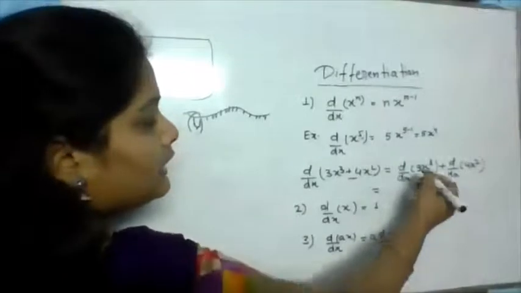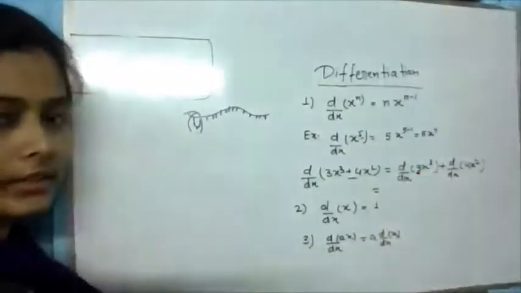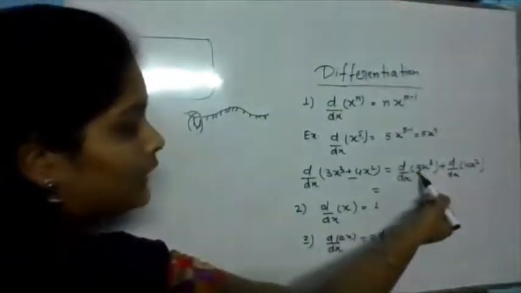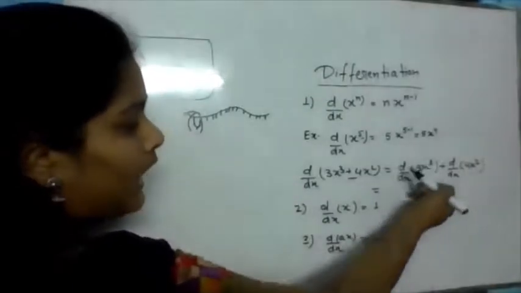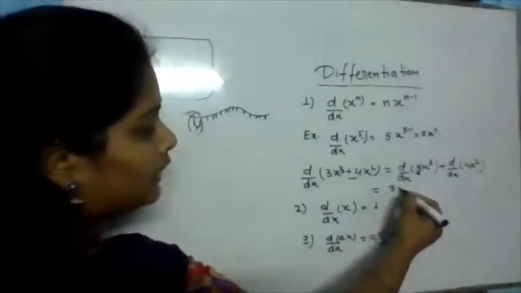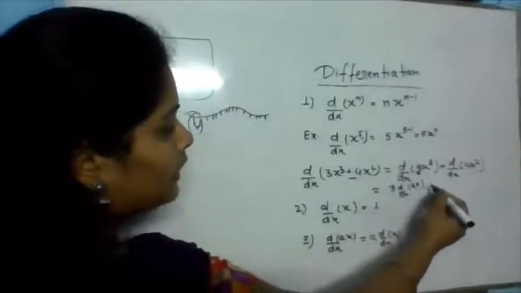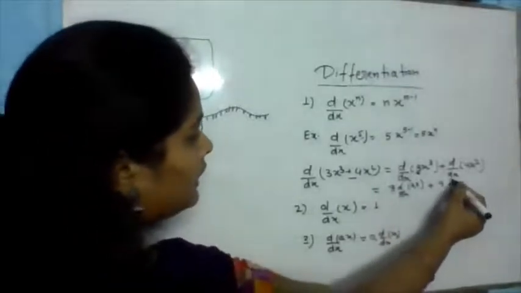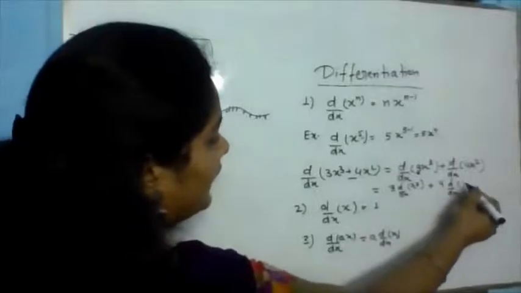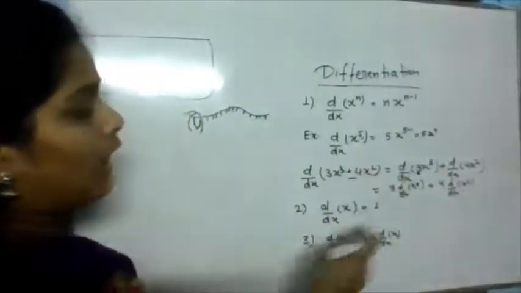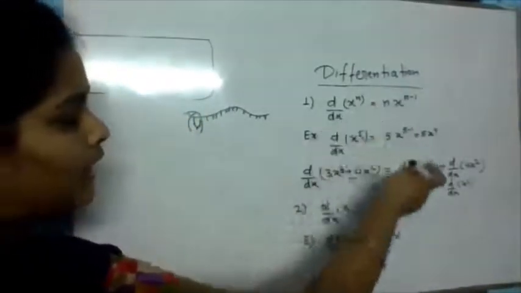Now, 3 is constant, right? So if we have any constant term in the function, we write 3 d upon dx of x cube plus 4 d upon dx of x square. Now we have to apply this formula here.